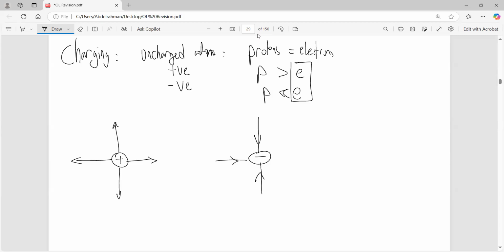Then we have a question: what is the electric field? Define what an electric field is.